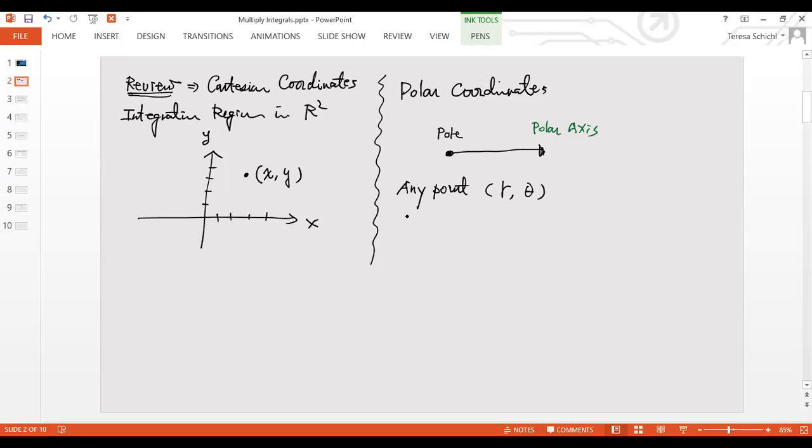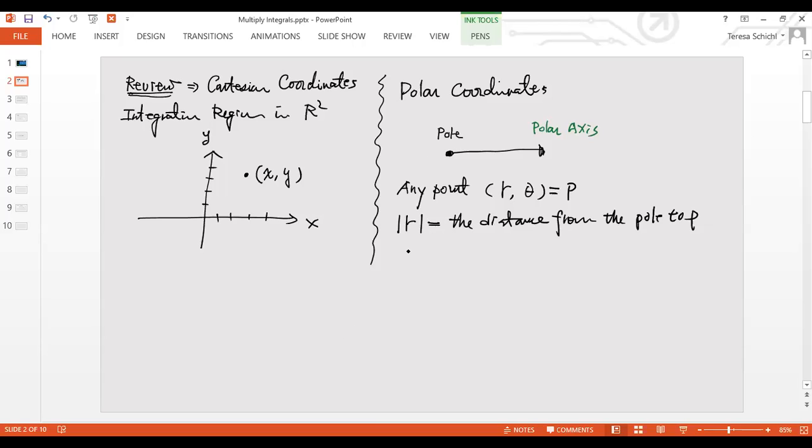So what is the r here? We say r is the absolute value of r, so the length of r is the distance from the pole to P. If I say this is P, that means it will be the distance from the pole to the P here, okay?